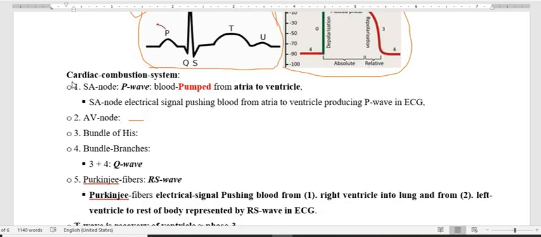If you go through the cardiac conduction system, how this is produced and what parts participate in it, because of that the heart is beating.